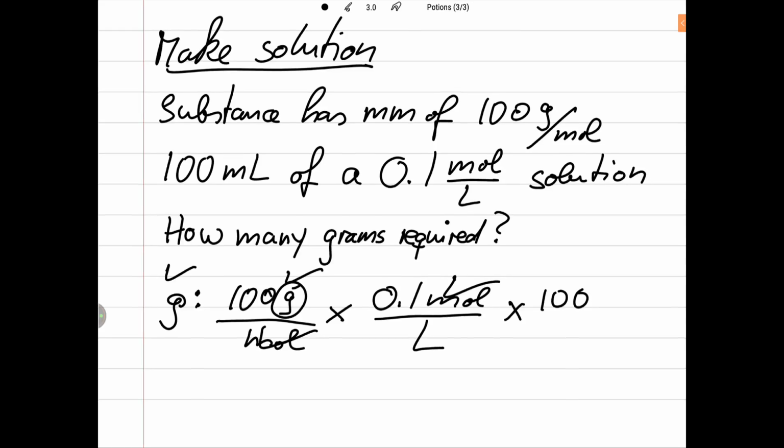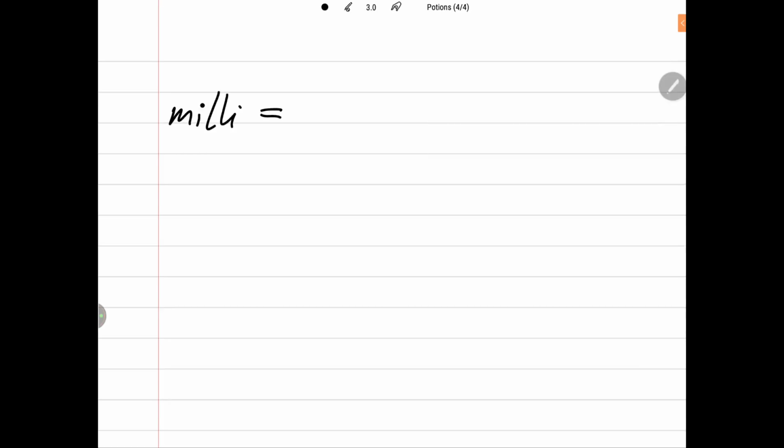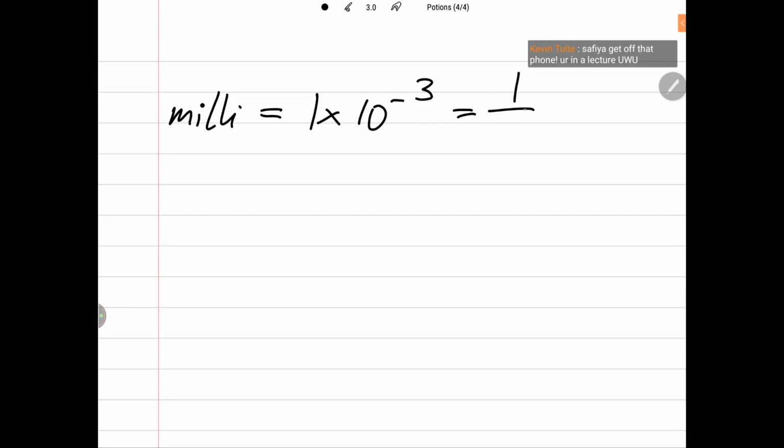Right? So let's quickly go a little bit through the different units and then come back. So what does milli mean? One times 10 to the power of minus 3, which is the same as 1 over 1,000.